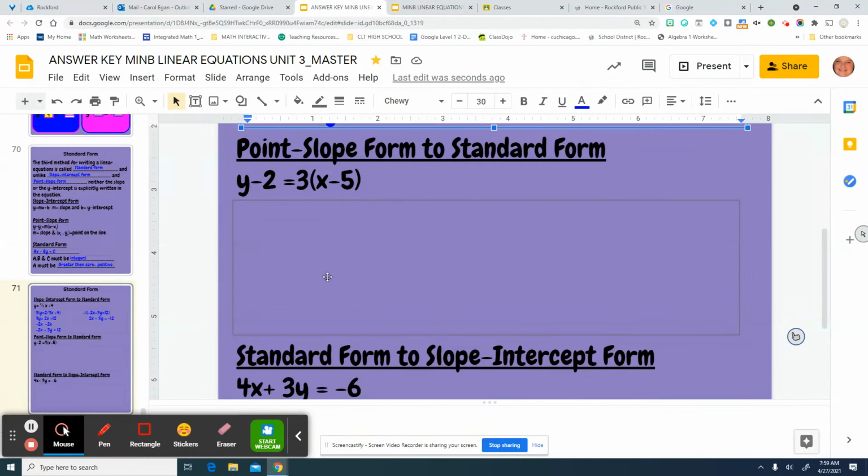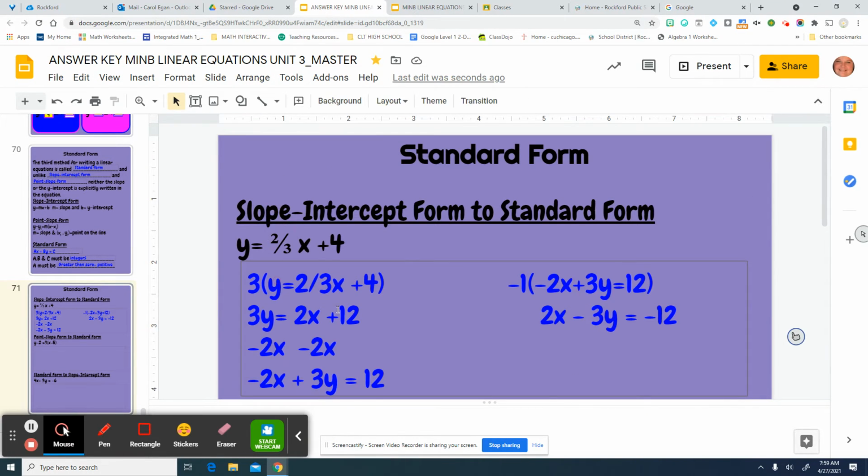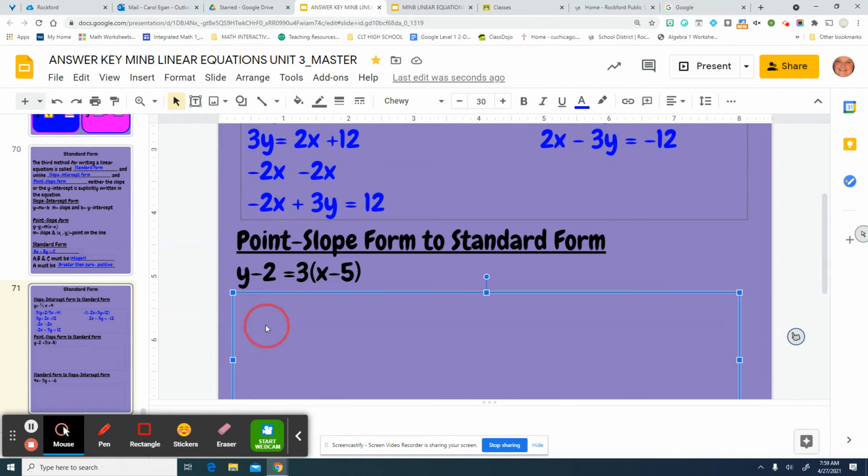And let's talk about point slope form to standard. So the first thing I'm going to do is get rid of that distributive property. So this is still going to be y minus 2 on this side, and then 3 times x is 3x, and 3 times negative 5 is negative 15.